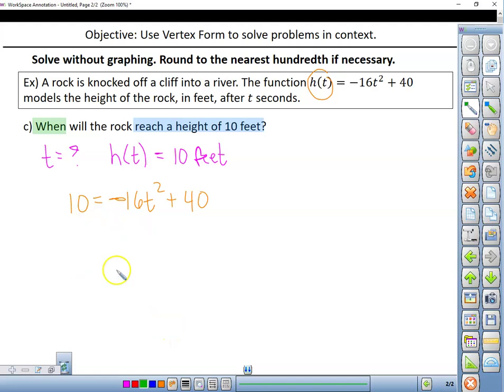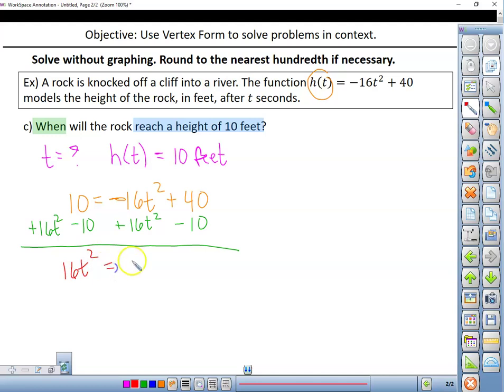So I am going to add my 16t squared because I like positives better. You probably realize that about me by now. And I'm going to subtract 10 from both sides. So here I'm going to have 16t squared equals 30. Now before I do my square root, I've got to divide by that 16. So I'm going to divide both sides by 16.